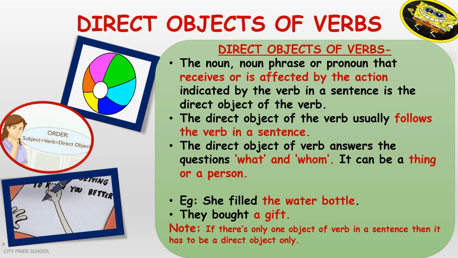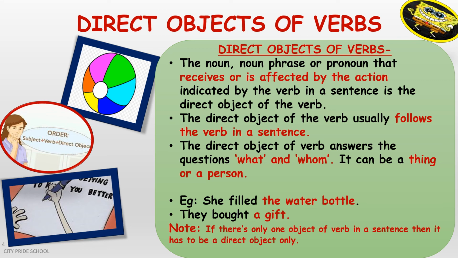So here marker is direct object. First, because it is receiving the action directly. Second, it is coming after the verb. And third, most important thing is that it is answering the question what. Or sometimes it can answer question whom also. So the direct object can be a thing, and can be a person as well.